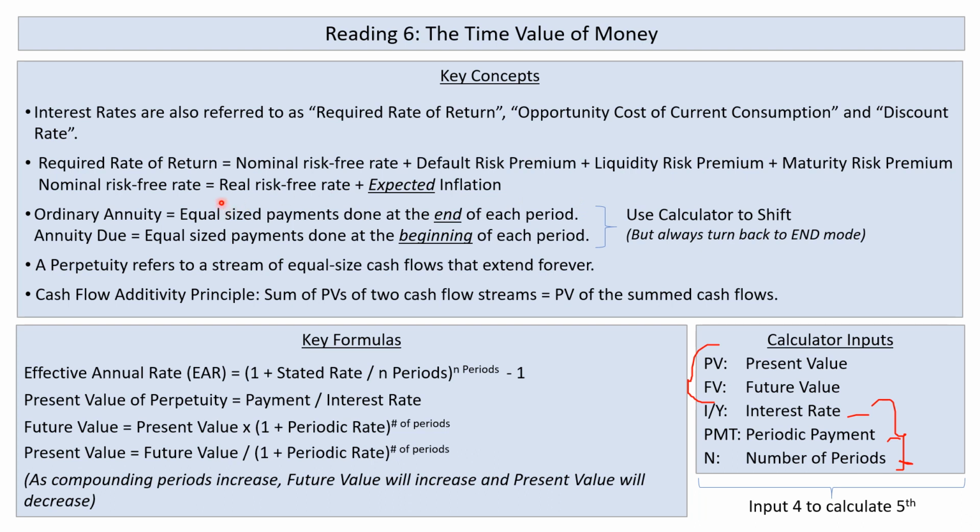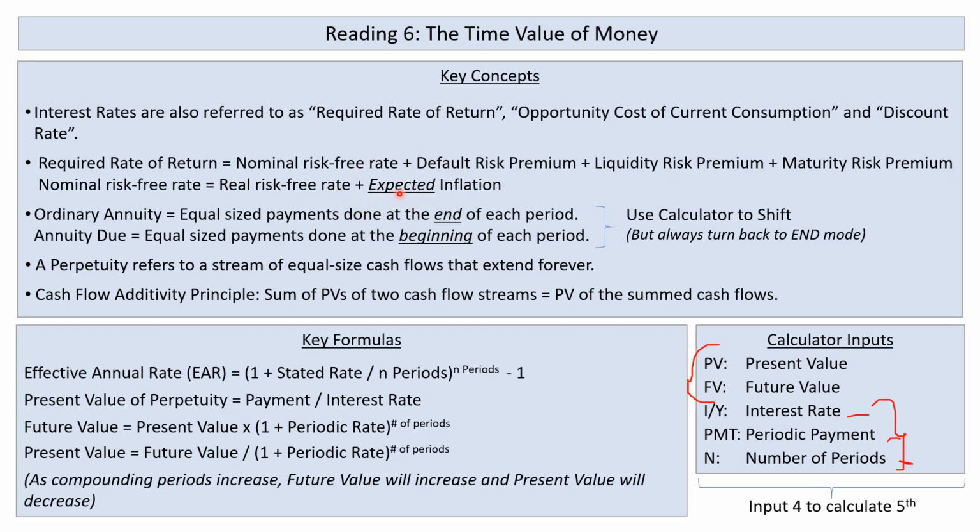However, on top of that, you would be receiving the effect of inflation, because as time moves on, goods generally get more and more expensive due to inflation, and that effect should be embedded within your interest rate calculation. Now, it's always expected inflation. It's never current, it's never past, it's always expected.